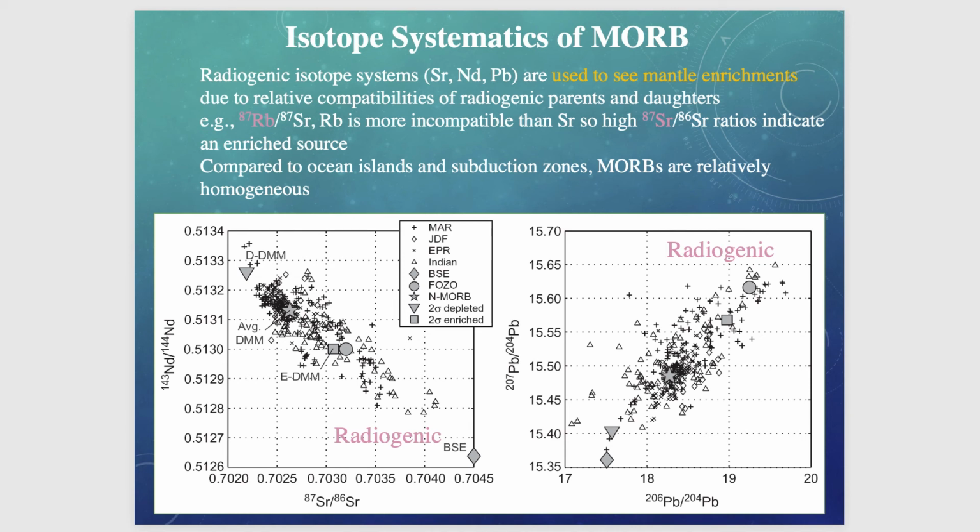It does happen that light elements will tend to go into either the depleted phases or the rich phases. We can see an example here in which we look at neodymium 143 divided by neodymium 144, and also strontium 87 to strontium 86.